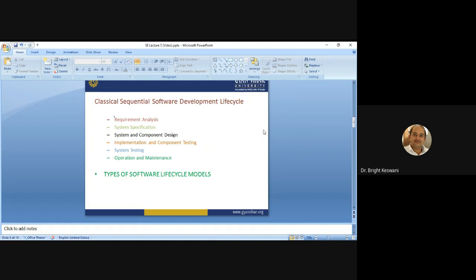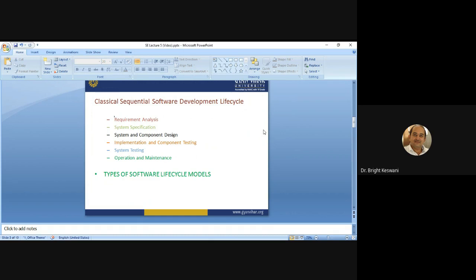Again, there are various activities of this phase. Some of the important activities include refining the algorithms for the individual components, then transferring the algorithm into the programming language, that is, coding, then translating the logical data model into a physical one, then compiling and checking the syntactical correctness of the algorithm, and lastly, testing and syntactically and semantically correcting erroneous system components.